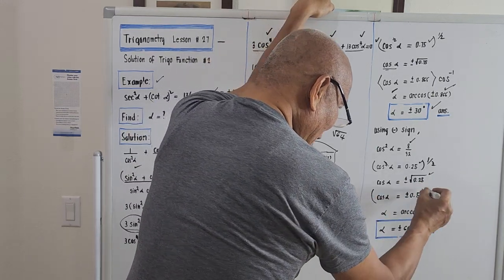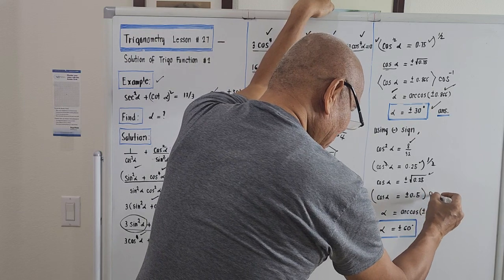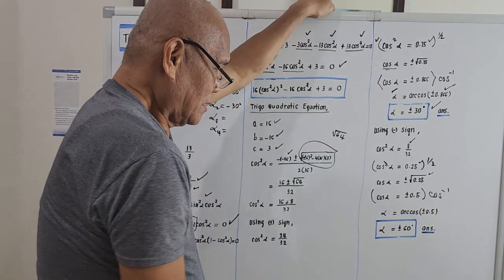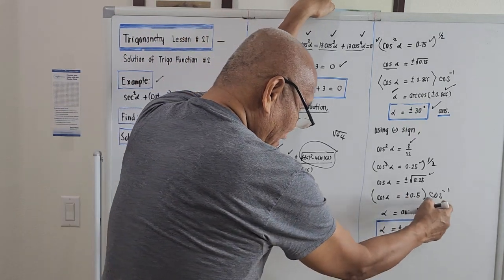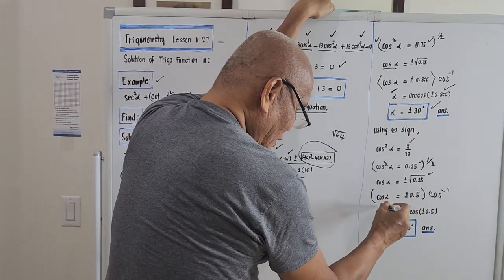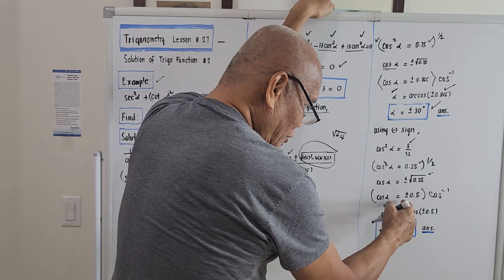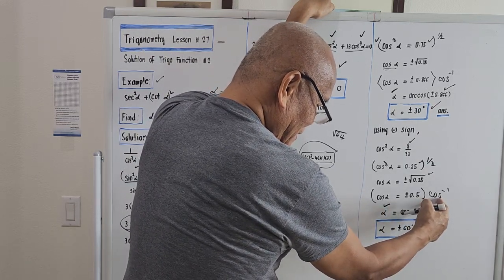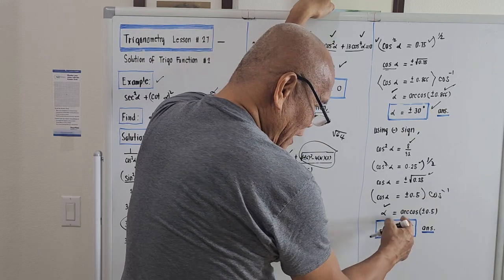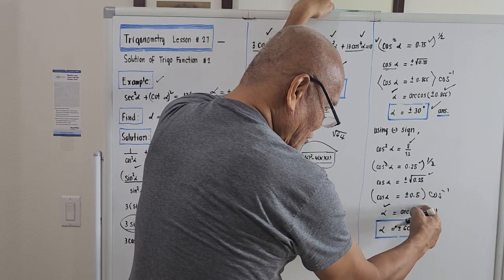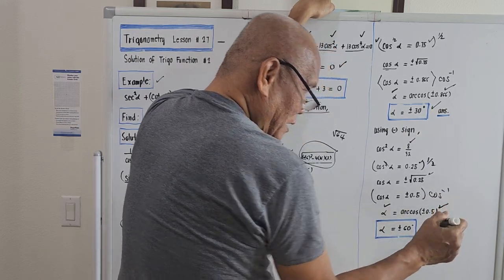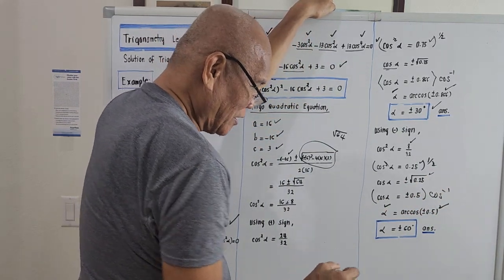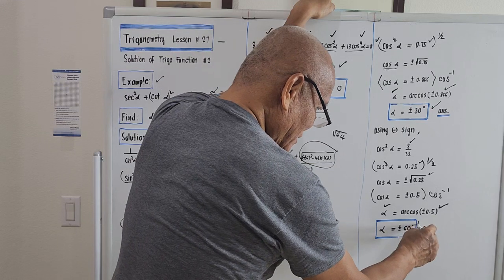And to compute for alpha without the cosine, take the arc cosine to the minus 1 of both sides. So the arc cosine of alpha will be alpha. And for the right hand side, this is also same as arc cosine, right? The right hand side will be the arc cosine of the quantity plus or minus 0.5. And if you try to bring out your calculator, what will come out will be either a plus or minus 60 degrees.